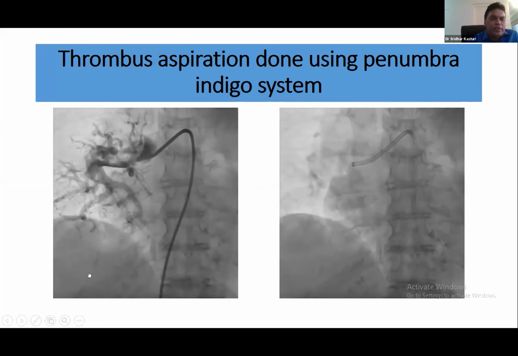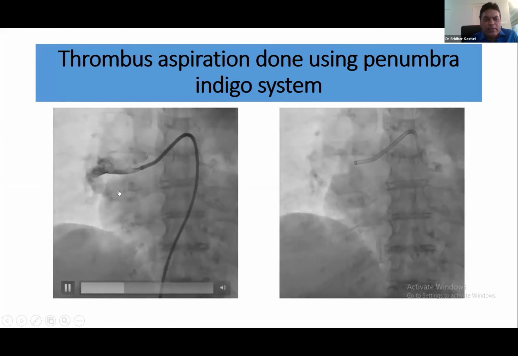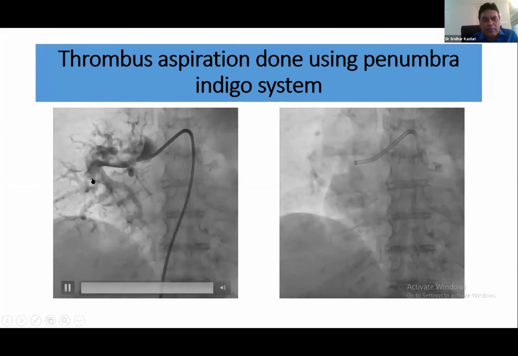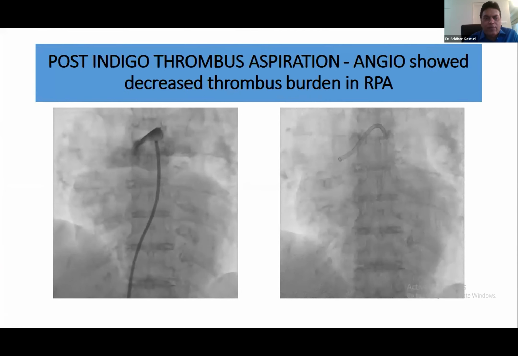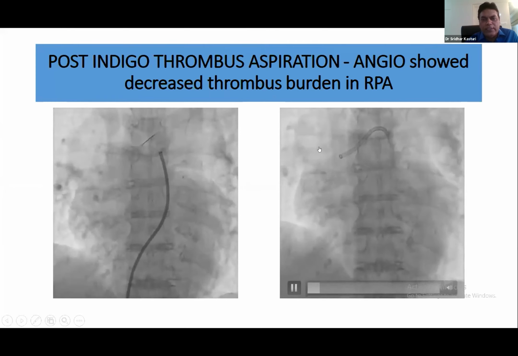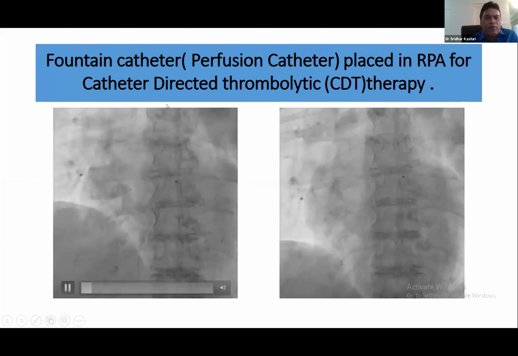You see, after the Indigo, we aspirated, then we gave a check injection. This thrombus, almost 70% thrombus clearance, but still 30% remaining. Now you can see, compared to earlier, there is a significant resolution of the thrombus. Then we thought of putting the Fountain catheter.